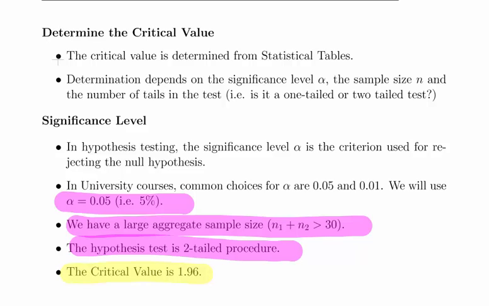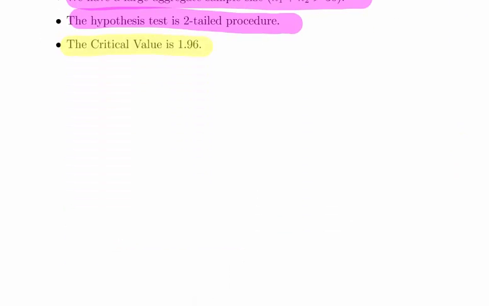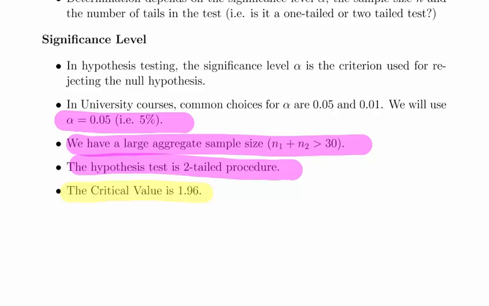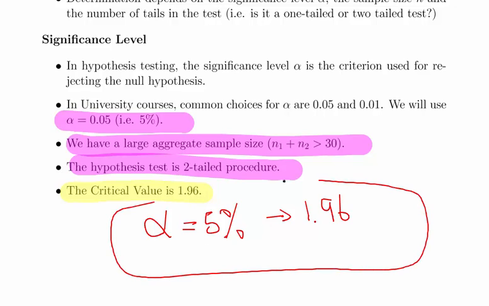So this is a threshold that we must cross in terms of the strength of evidence. Now, if you're not familiar with where this 1.96 comes from in the context of a 5% significance level, you probably have to backtrack a bit. You should be fairly familiar with this by now.